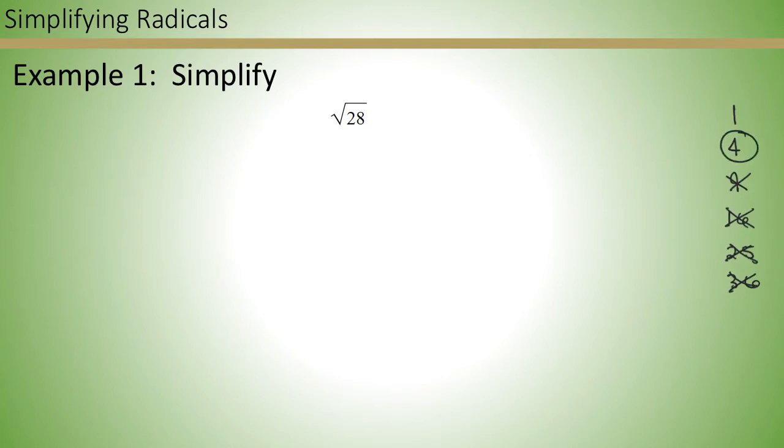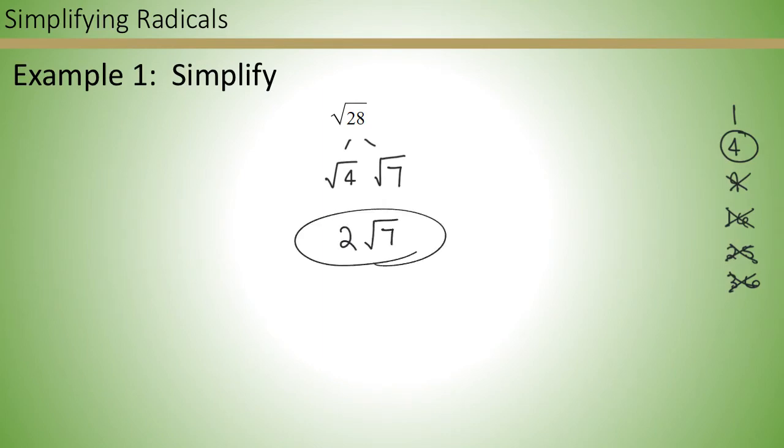If I divide 28 by 4, I end up with the square root of 4 and the square root of 7. This is really the same thing as what we started with, since 4 times 7 is 28. Now, since 4 is a perfect square, I can take the square root of it, and that's 2, and 7 is just going to stay inside of the radical. And that's it.